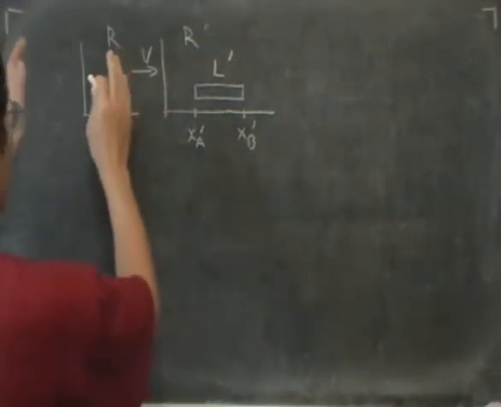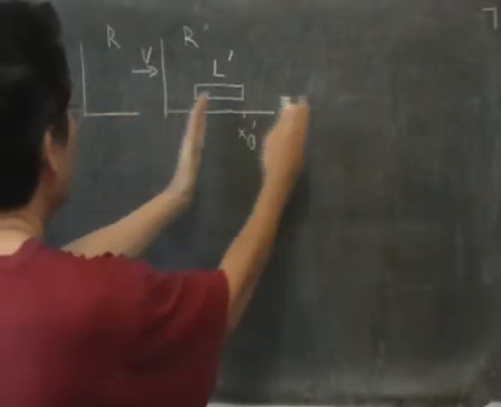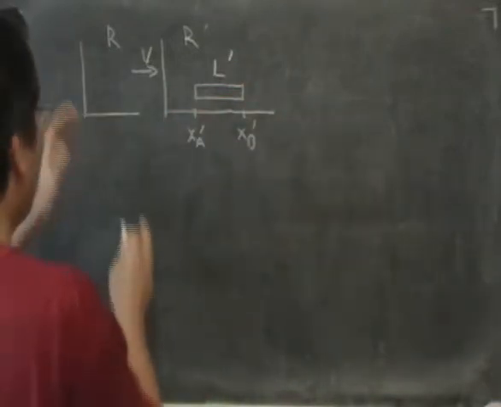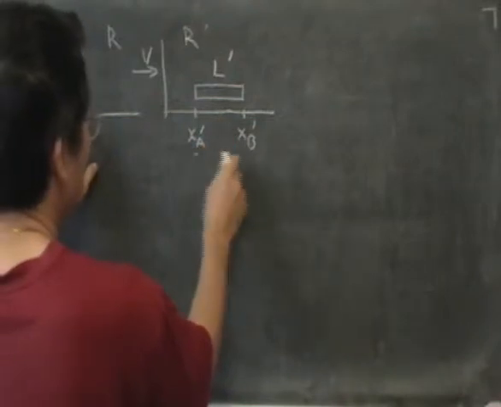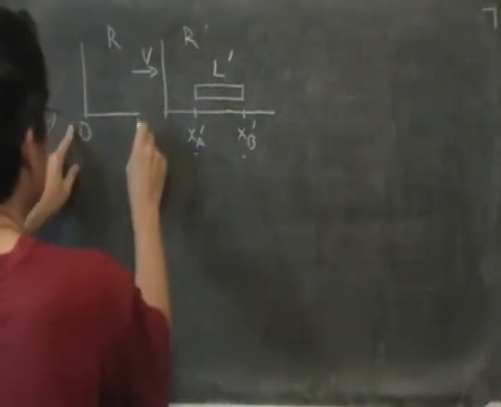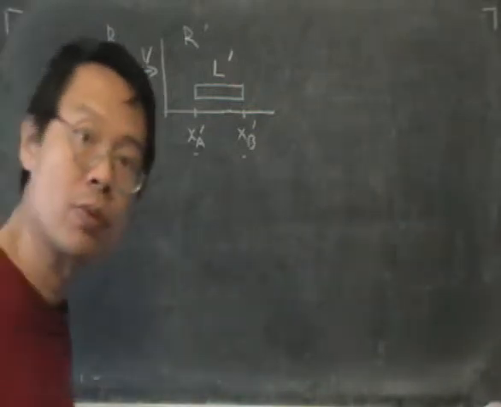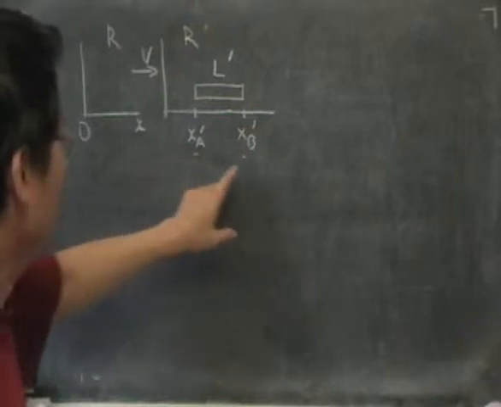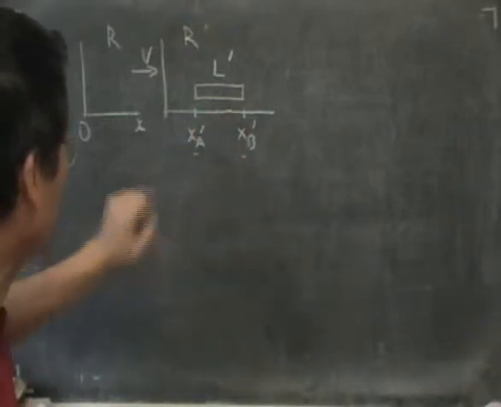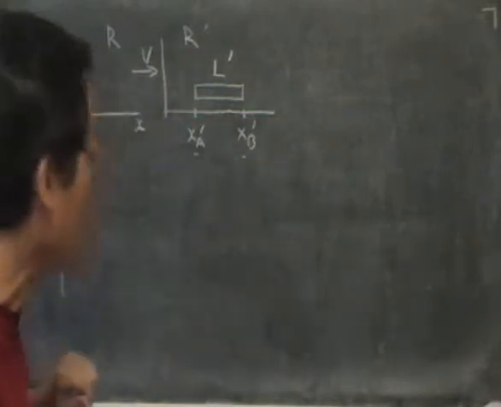Now, for this observer, he will see the ruler moving relative to him, and he will measure certain values for these two coordinates relative to his origin. And we know how to calculate these values in terms of the values of this observer.